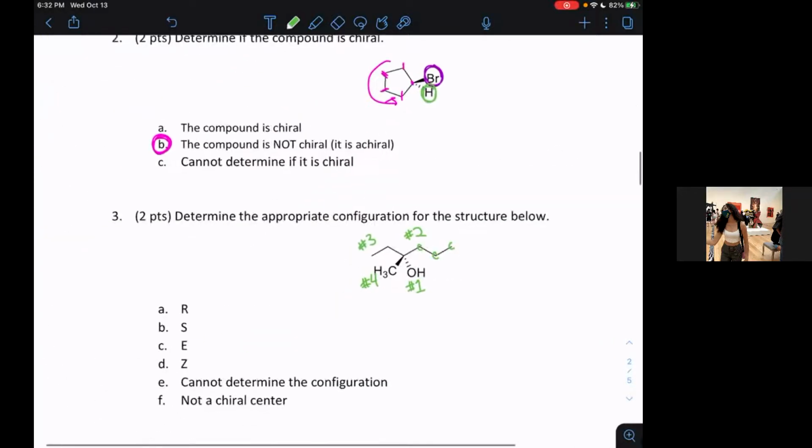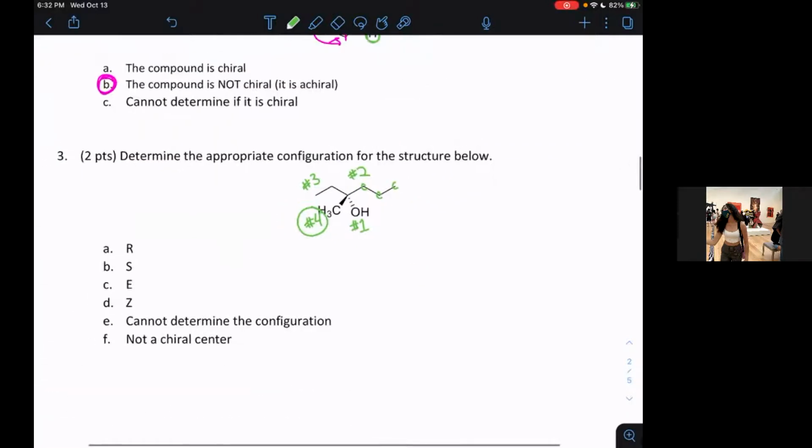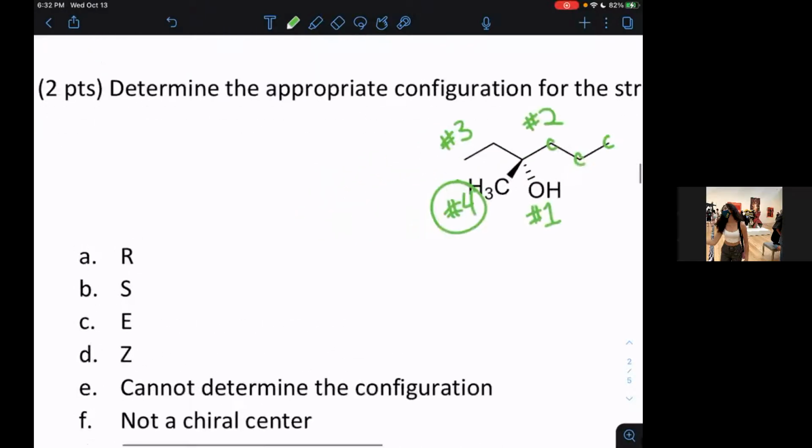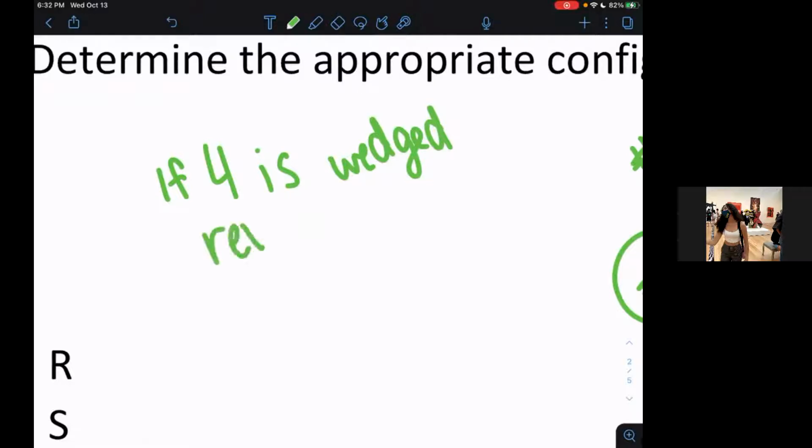So our number 4 is dashed, which means, let me see, I just have it in a note. So if 4 is dashed, no, wedged, you reverse the direction.